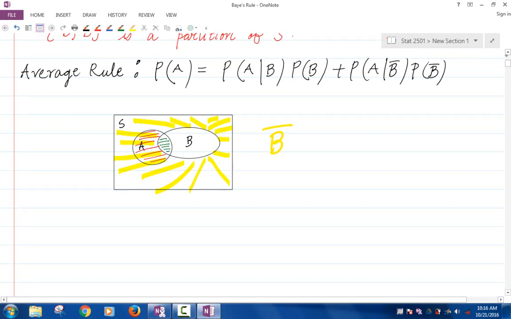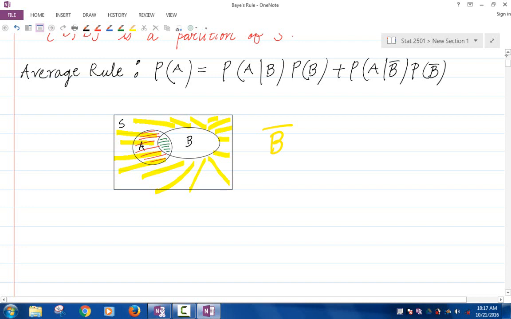First of all, the way I'm going to interpret this equation is by saying that the left-hand side is the overall probability of A, and I can think of the right-hand side as the weighted average of the conditional probabilities of A, right?